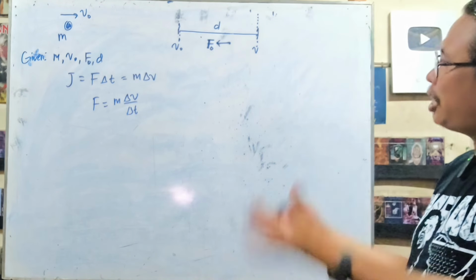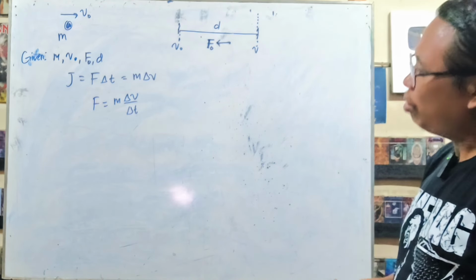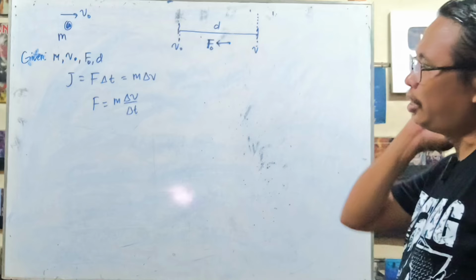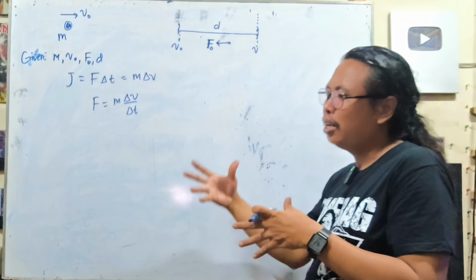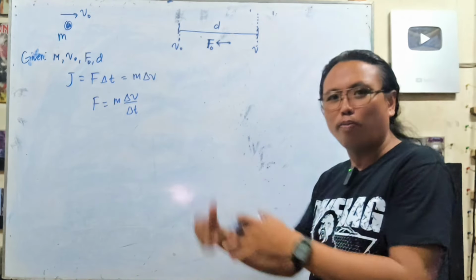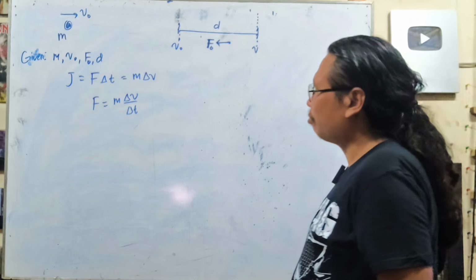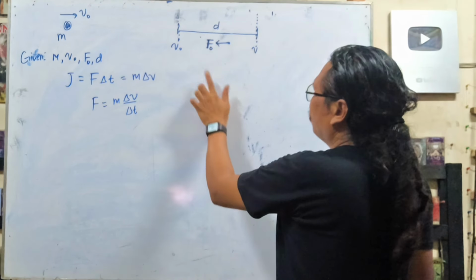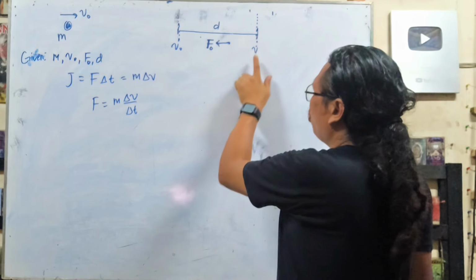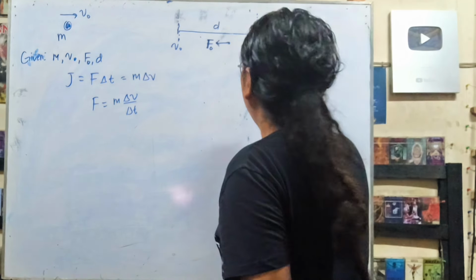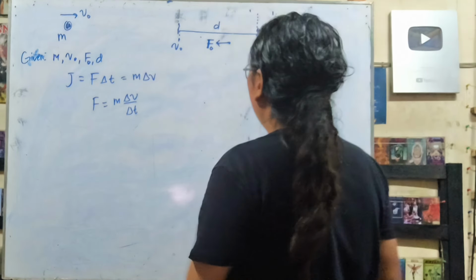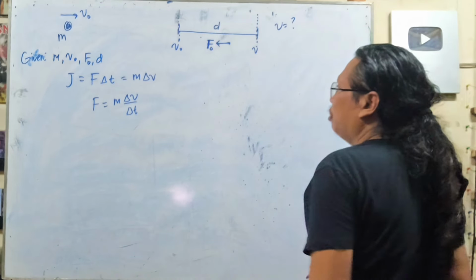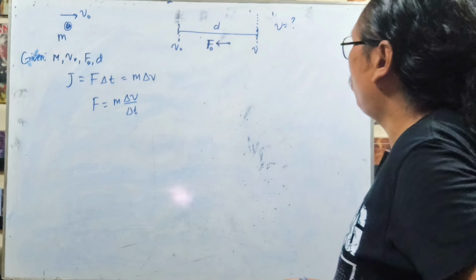Much like a kinematic problem, impulse and momentum is dynamics and kinematics combined. So we are asked to find the velocity at this point. First is find v as soon as it gets out of this region.